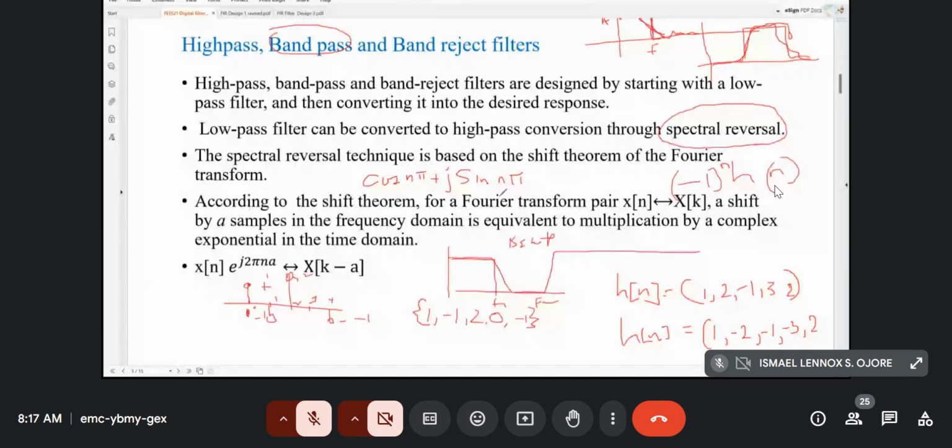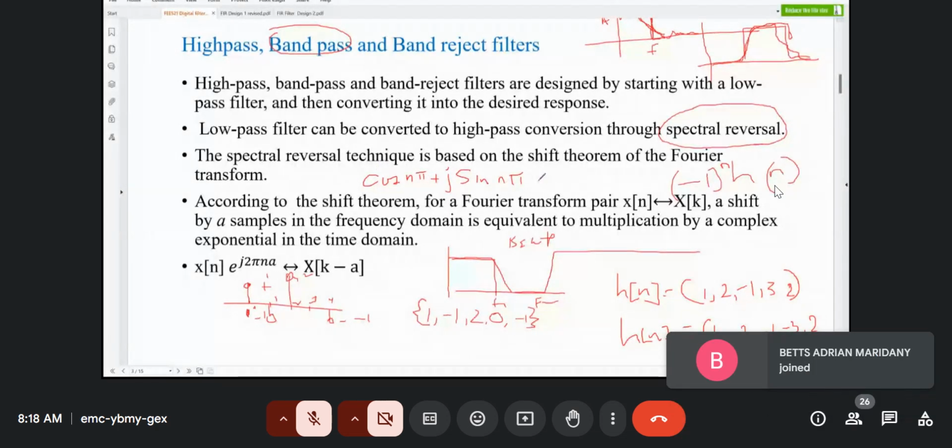If you choose your shift to be N over 2, the capital N, the limit in the DFT, then you end up with this, and this term becomes 0.